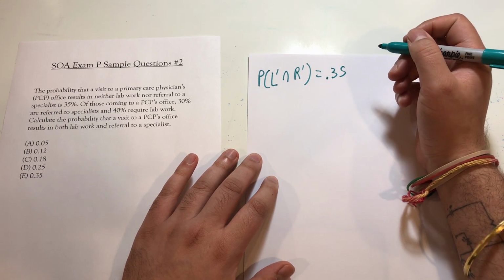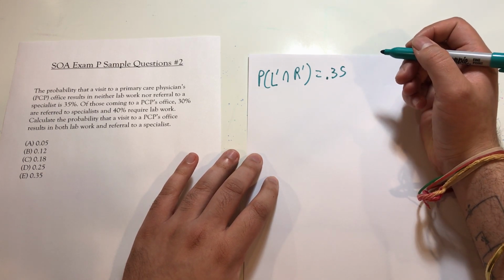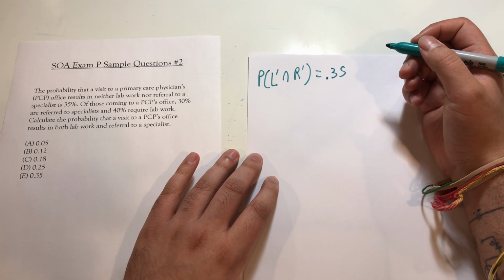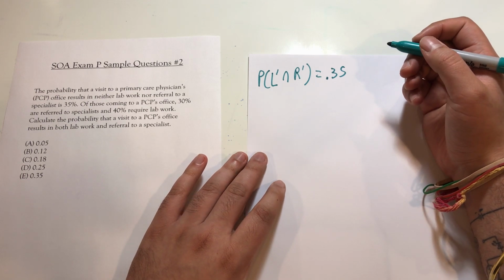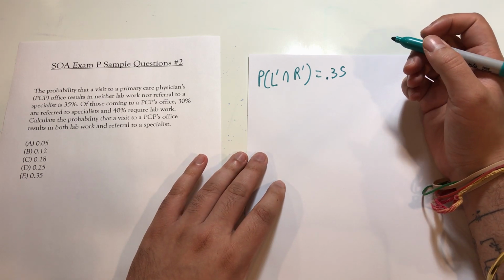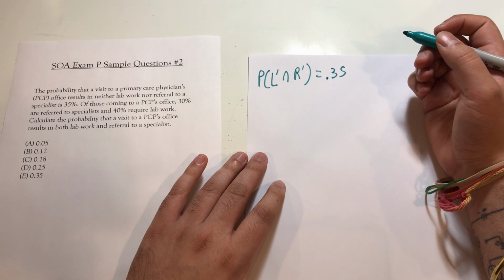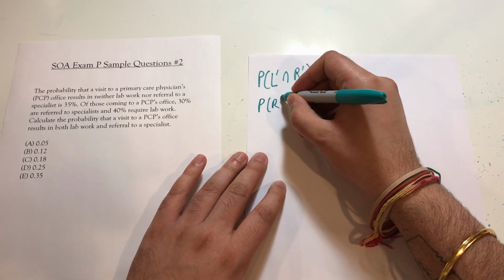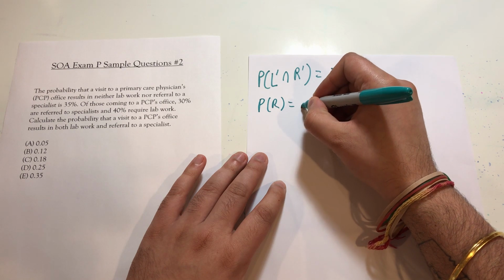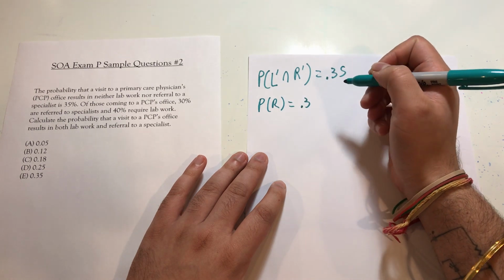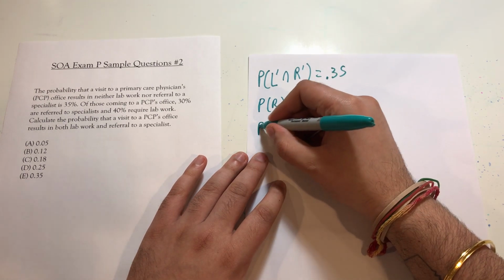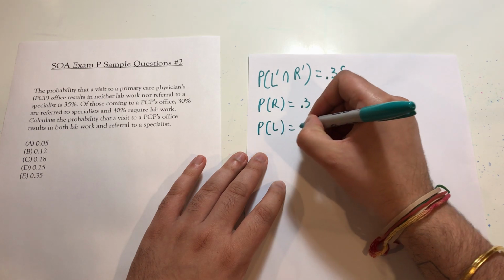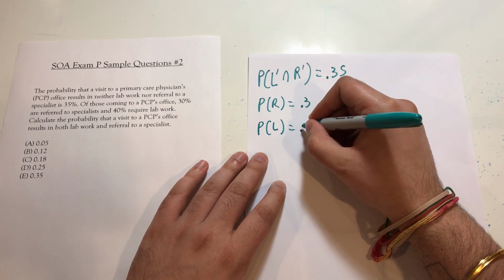And then it says, of those coming to the office, 30% are referred to a specialist, so the probability of R is 0.3. And 40% require lab work, so the probability of L is 0.4.